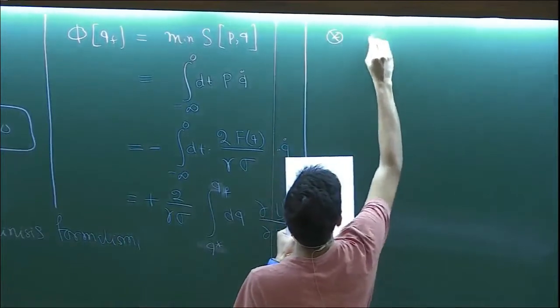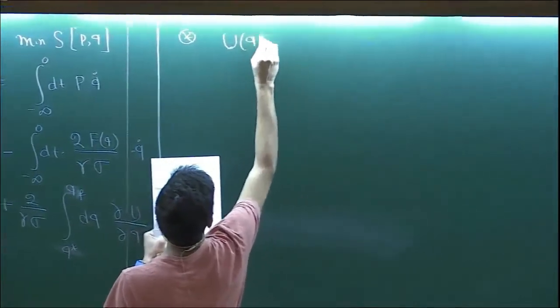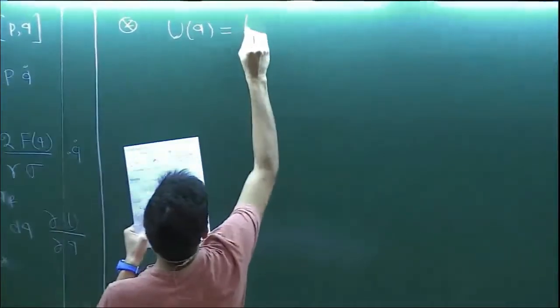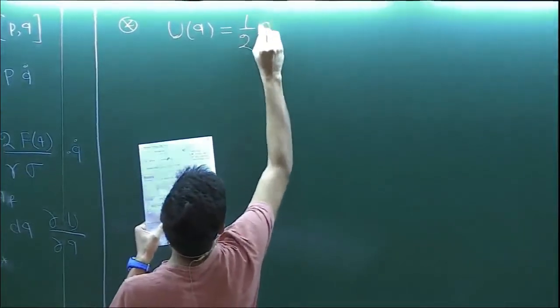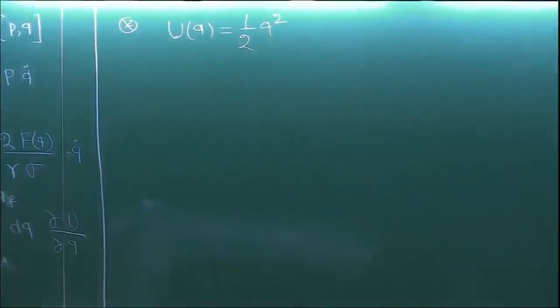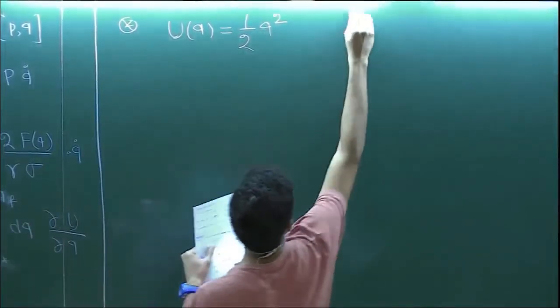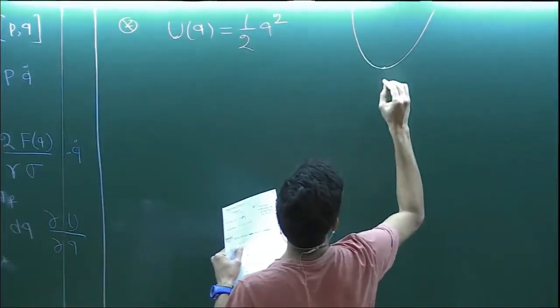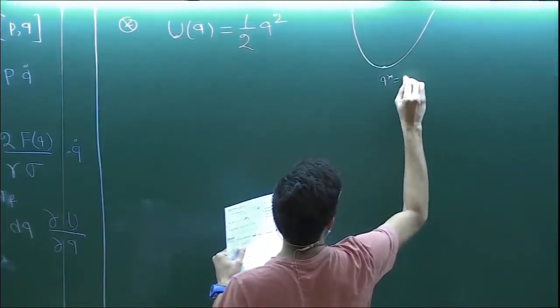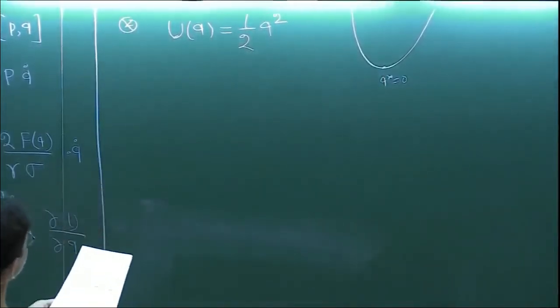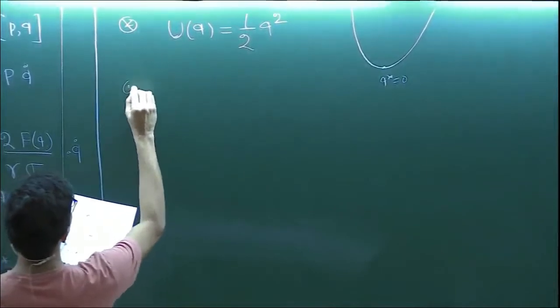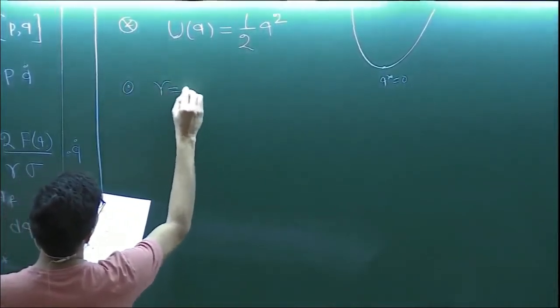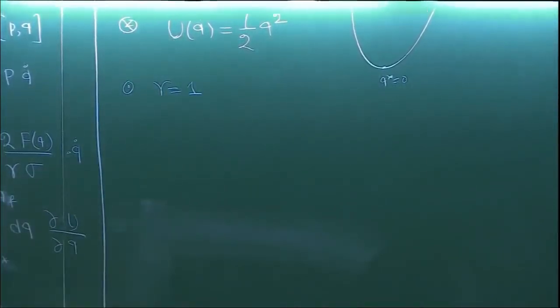So I'm now going to consider just this simple potential, the harmonic potential. Here the minimum is at 0, so my Q star is simply 0. And I'm going to choose gamma being 1 in the Langevin equation.